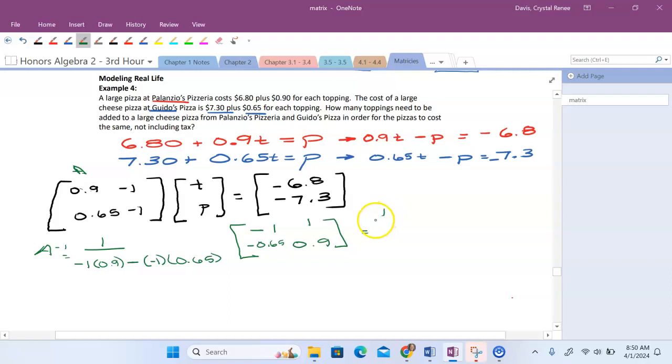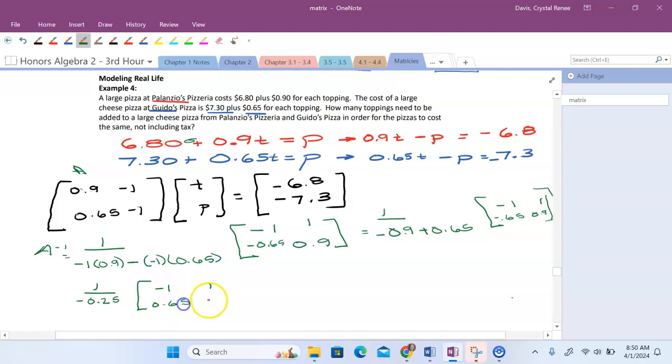Okay, well, this is just 1 over negative 0.9 plus 0.65, times negative 1, negative 0.65, 0.9. All right, which is 1 over negative 0.9 plus 0.65, which is negative 0.25, times 1, 1, 0.65, 0.9.